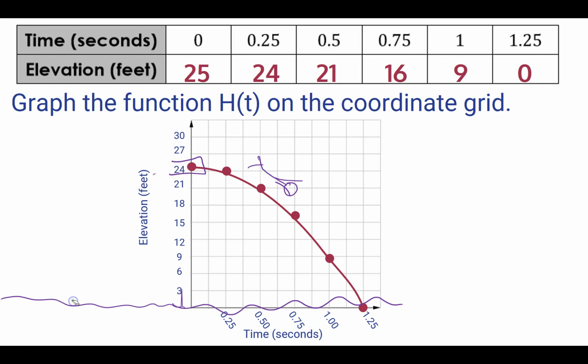So this does not exist in real life. And there's probably a ladder right here that our swimmer climbed up and then jumped off of. So this makes sense. Make sure your graphs make sense, like on your projects. Make sure your stories make sense with what your graph is doing.